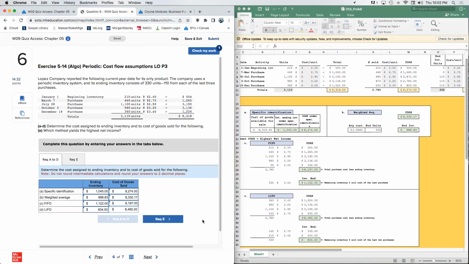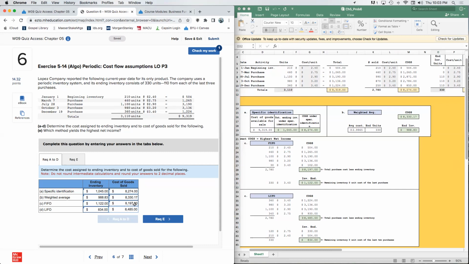And then finally, another trick, I just want to go through and make sure that everything is accurate. Whenever your cost of goods sold is the lowest, whatever one has the lowest price, that's going to be where your most net income is going to come from, that method right there.